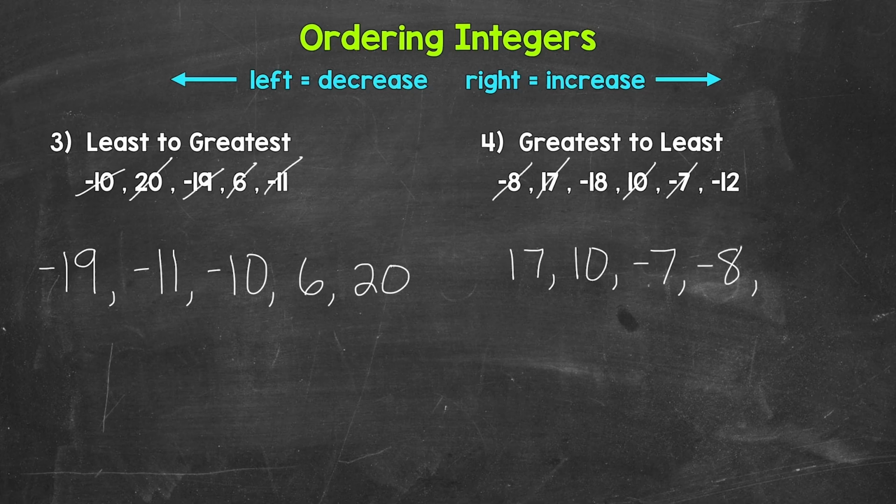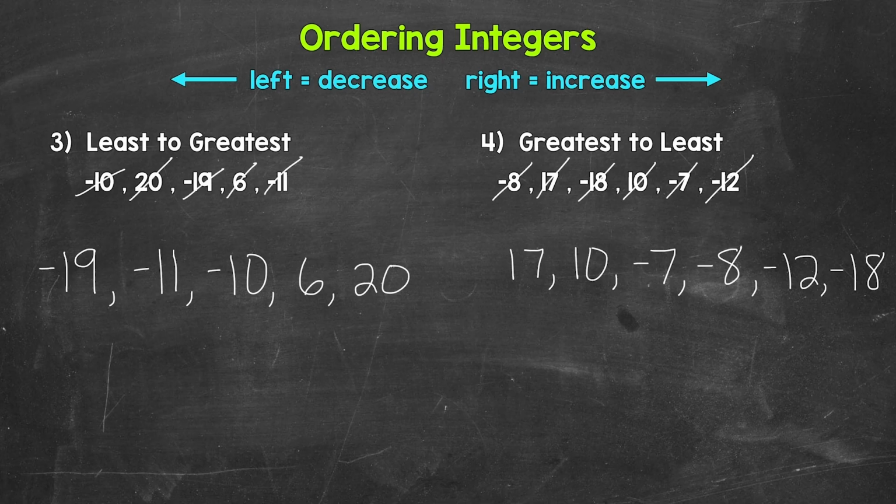And we are down to 2 here, -18 and -12. -12 is next. That will bring us to our last integer here, the least, -18. And now we are in order from greatest to least. 17, 10, -7, -8, -12, and -18.